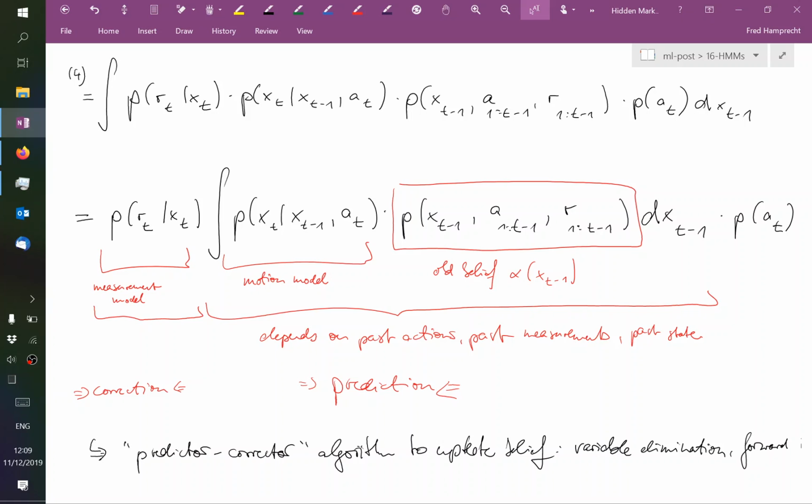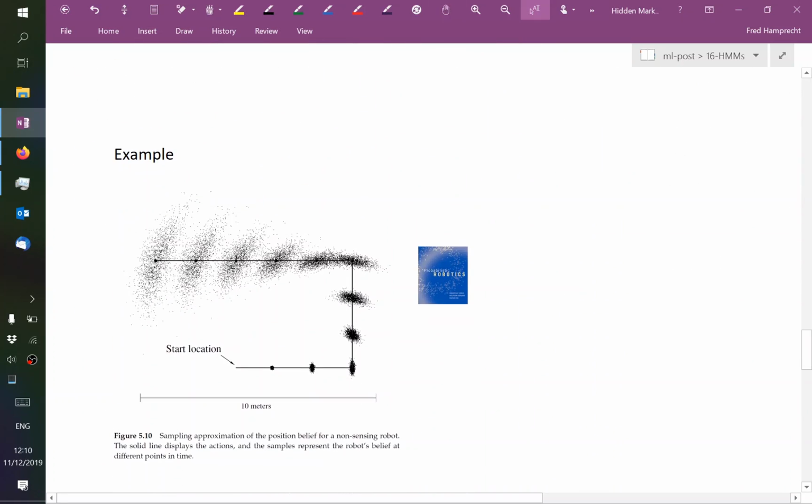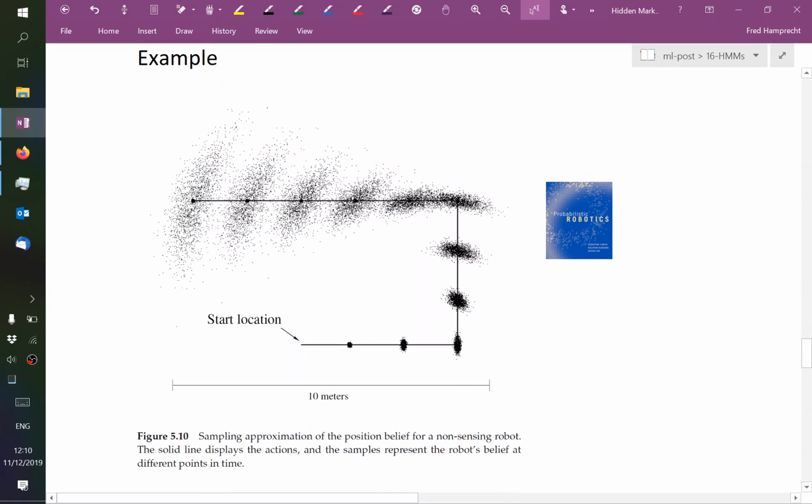I want to give you an example, what if we don't perform new measurements? The example is again taken from this book here. We start at some initial location and perform an action. The action has here been to walk 1 meter to the right.